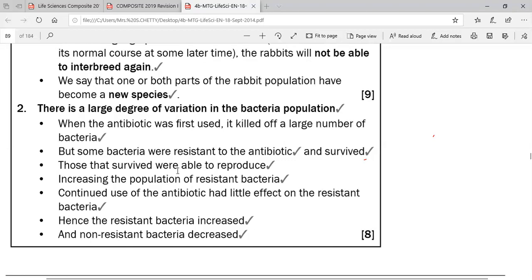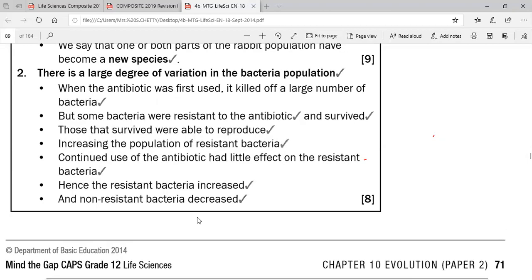And they passed on this favorable characteristic to their offspring through reproduction, increasing the population of resistant bacteria. I would never have said this here. Are you with me? So continued use of the antibiotic had little effect on the resistant bacteria, hence the resistant bacteria increased. Every day there's something to learn.